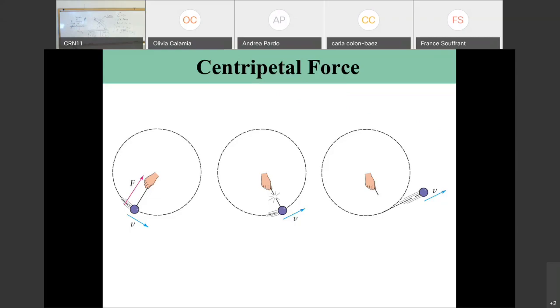All right? So an implication of Newton's first law is that a net external force must act on a body to speed it up, slow it down, or change its direction. So you can make the object move faster, slower, or change direction, because each of these is an acceleration, right?